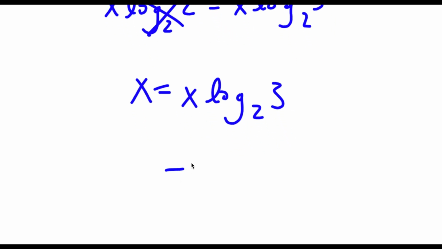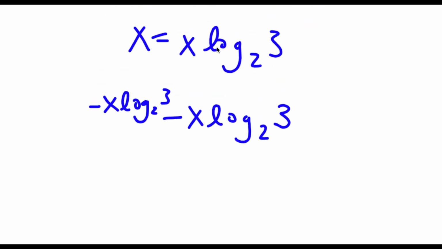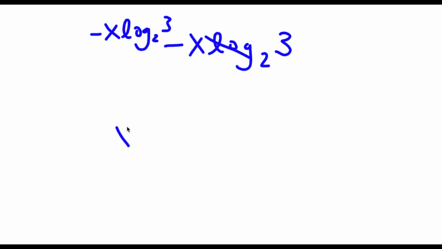Now if I subtract x times log base 2 of 3 on both sides, these two cancel out. So x minus x times log base 2 of 3 is equal to 0.